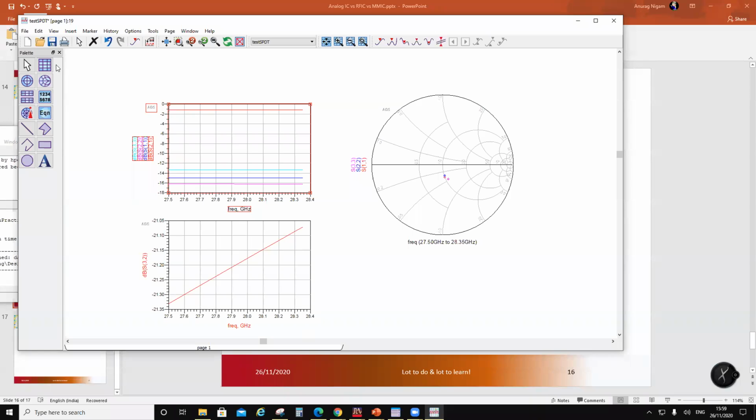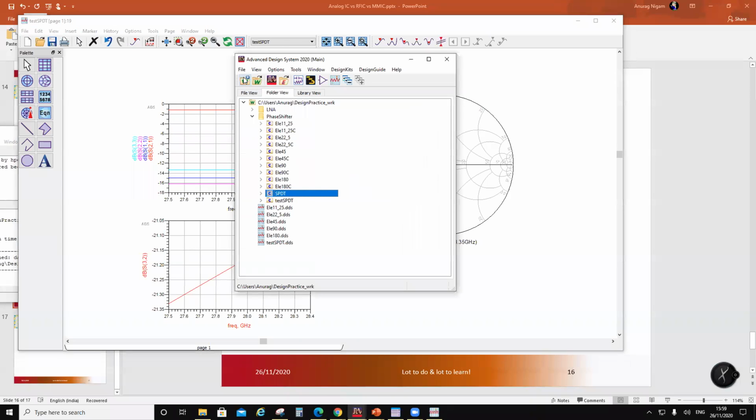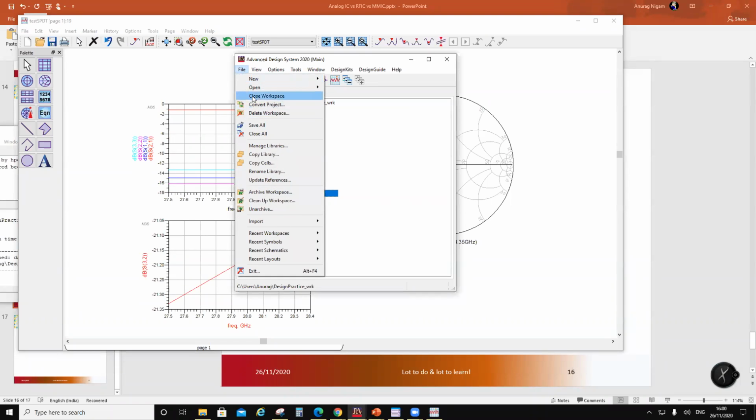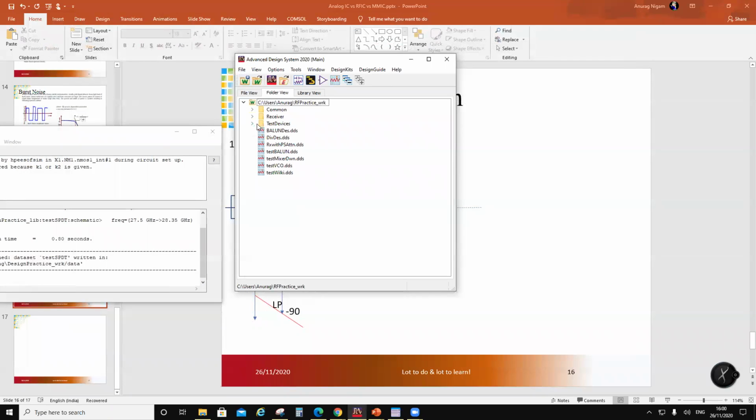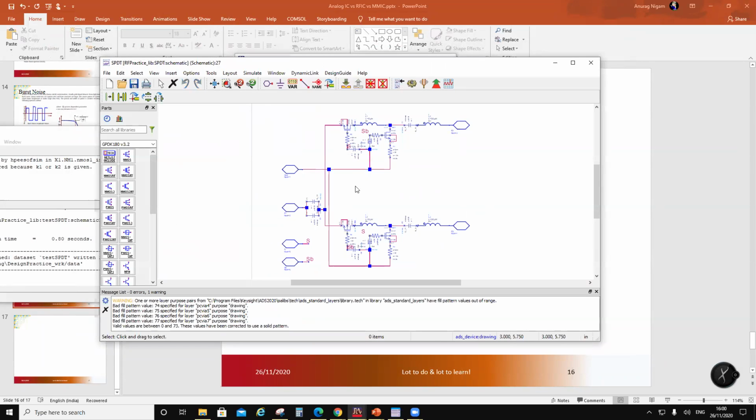Okay, let me look at my previous design, as I did some little cheating here. Close workspace. This is what I looked at under SPDT. Let's look at common elements. So there'll be a switch here, SPDT switch. Let's see what I did over here.